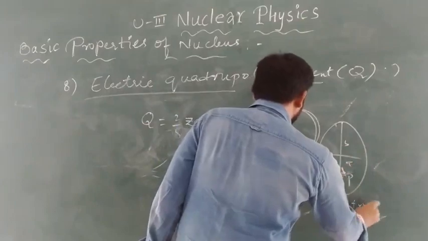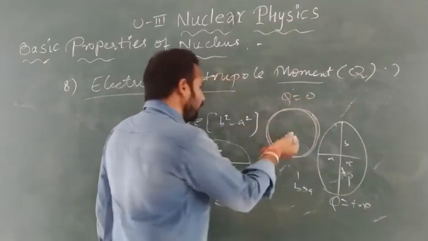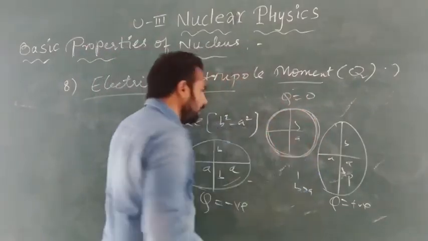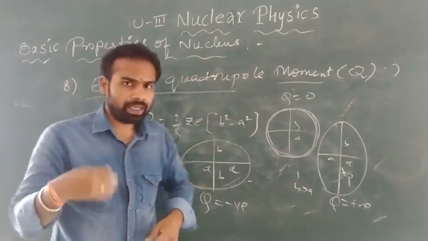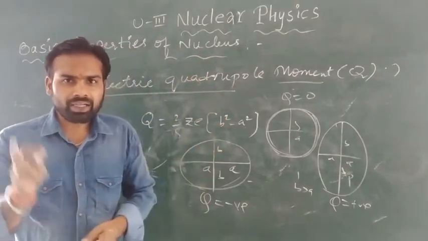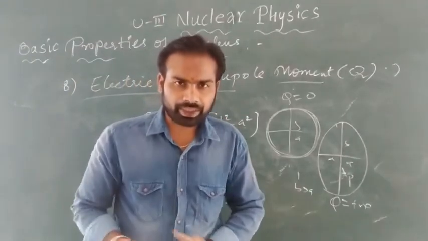For spherical shape, the Q value is 0 because A is equal to B. Like that, the electric quadrupole moment occurs due to some disturbance in the shape of the nucleus.